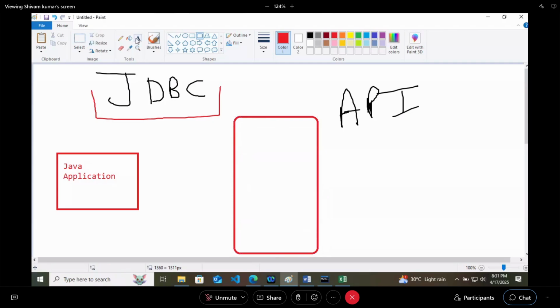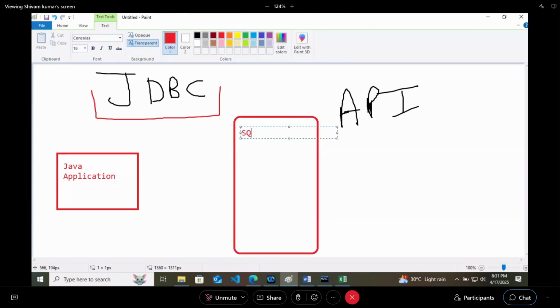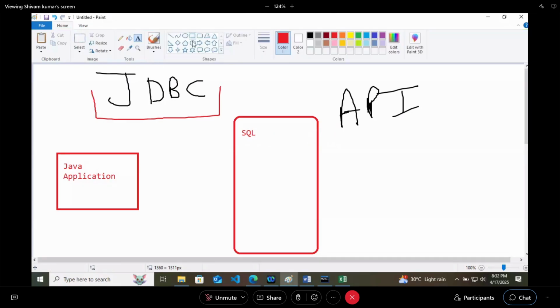Instead of database, I am writing SQL. So JDBC will come in between and it will say, okay, you transfer your communication to me. I will help you to talk with each other. That's why JDBC is an API.